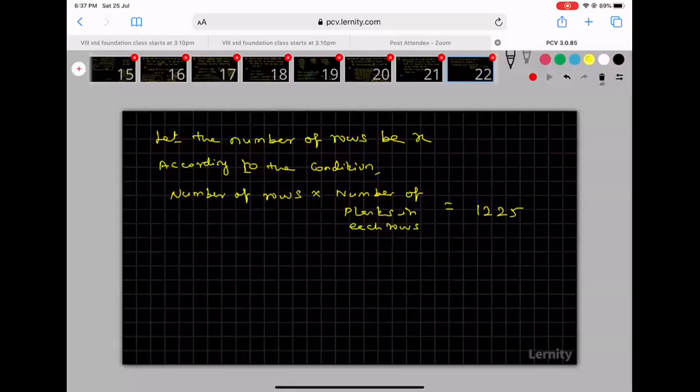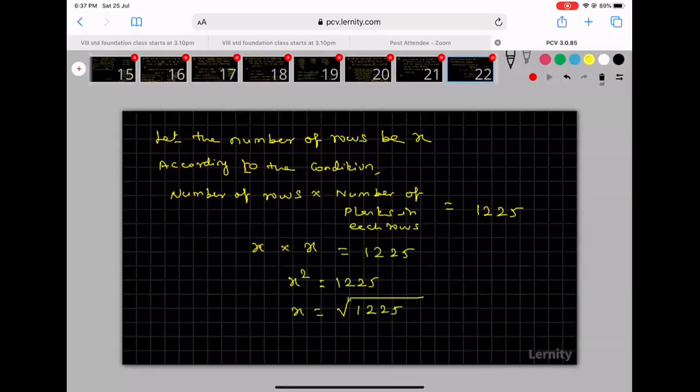We don't know both values, so both are x. x into x is 1225. So now x square is equal to 1225. So x is equal to, what is the value? Root of 1225.